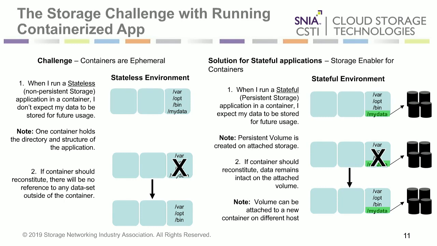You upgrade the application from version 1 to 1.1. You found a bug in your container that you need to deploy a new version. Lots of different reasons. So instead of writing data into your container itself, you're now accessing external storage from the container so that you can do this life cycle of containers.